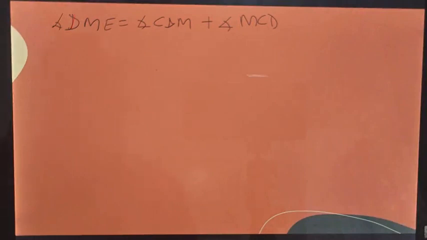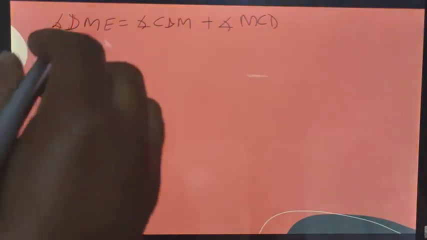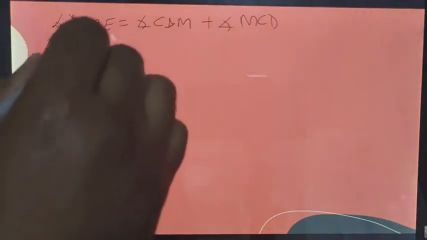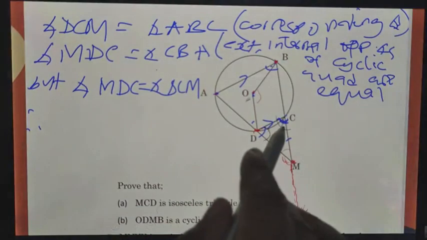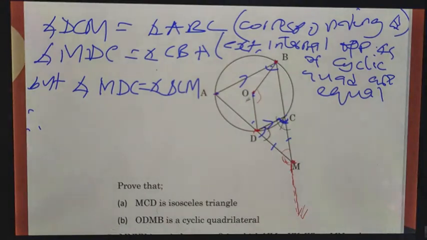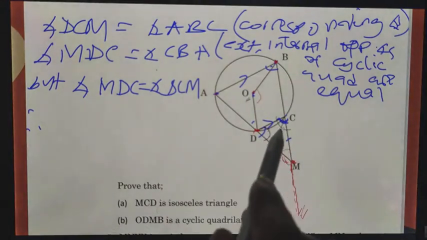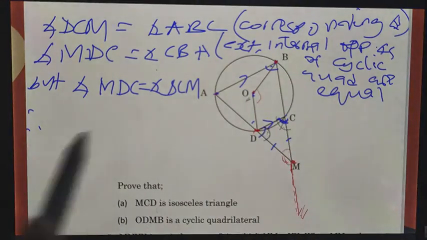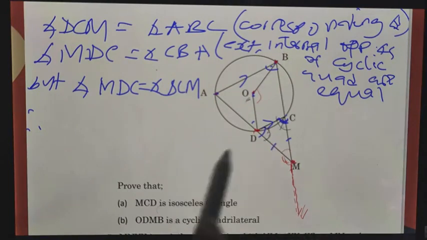If you remember, this angle and that angle are equal. So if this angle and that angle are equal, what does that tell you?